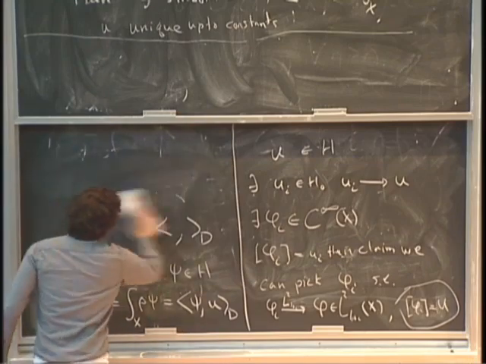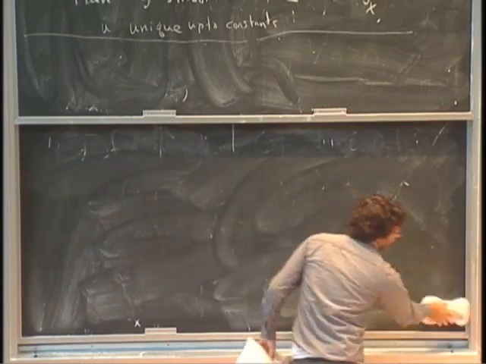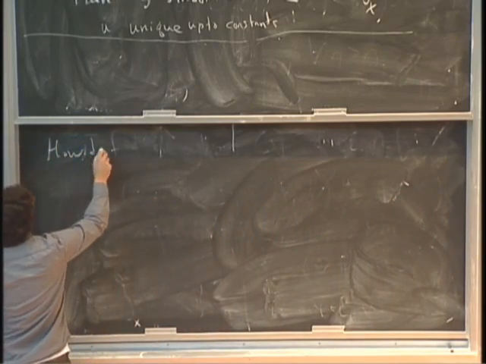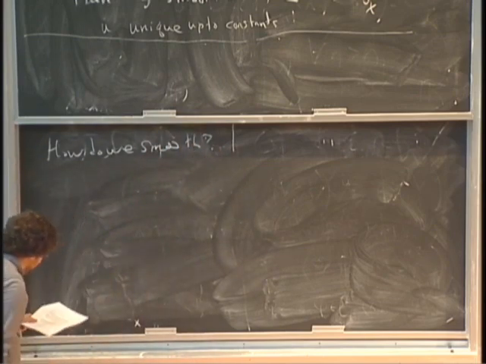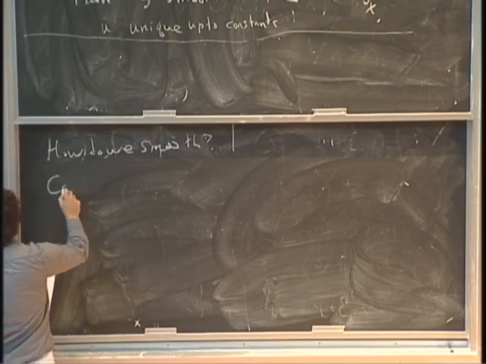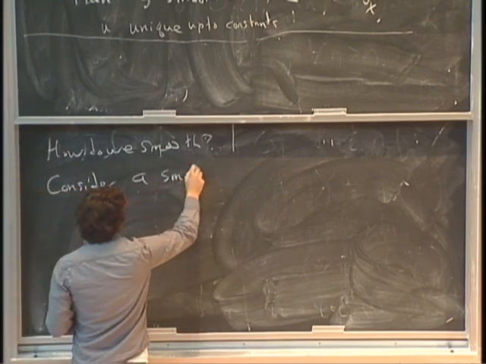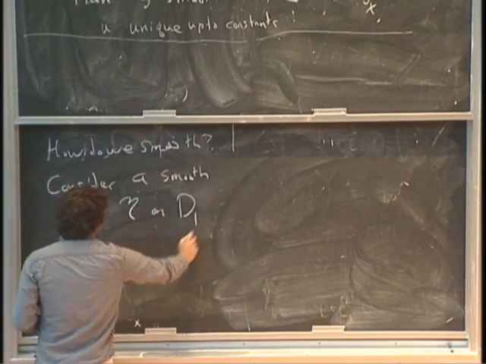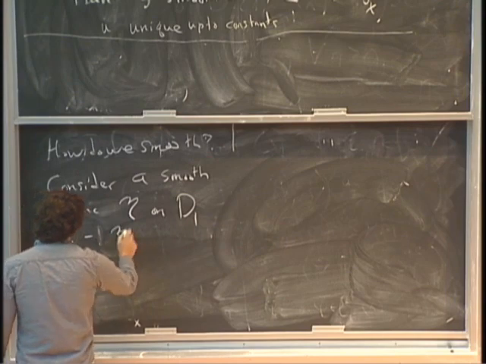Okay, so let's actually verify how we're going to smooth things. How do we smooth? The basic idea is to mollify with a smooth bump function. So we're going to consider a smooth function eta on the unit disk D1, such that, one, let's assume eta is non-negative, though this isn't so important.